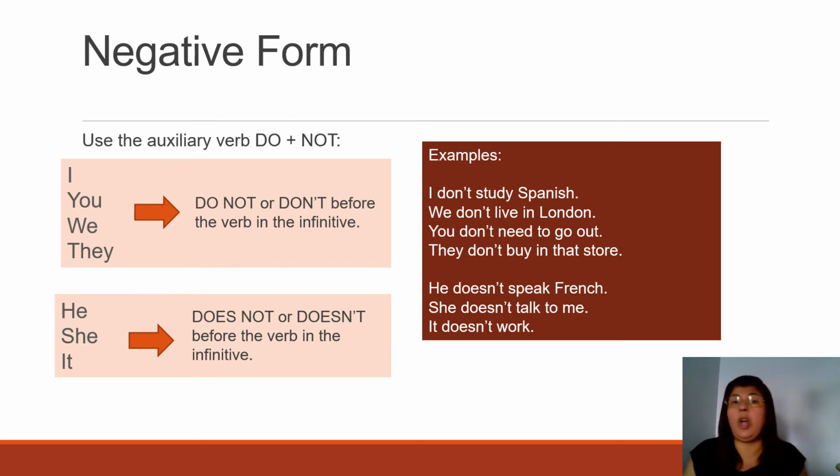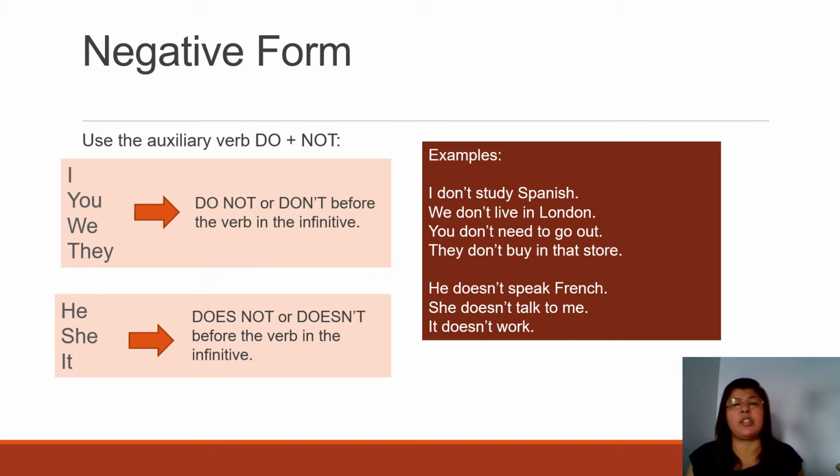Okay, we don't translate the verb. It's only for the negative form. So when you have the forms I, you, we, and they, the auxiliary verb is do, and we add not, do not. Or we can use the contracted form don't before the verb in the infinitive form.